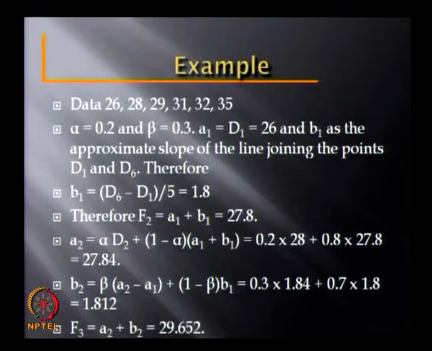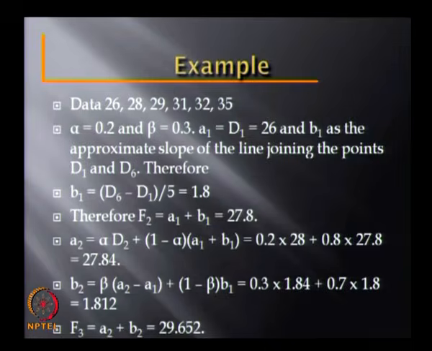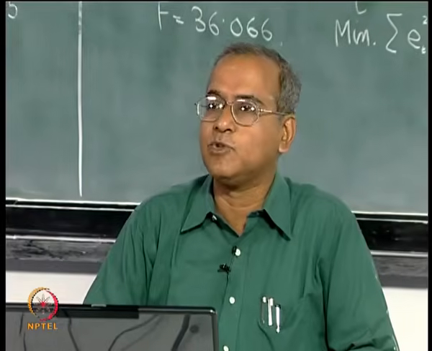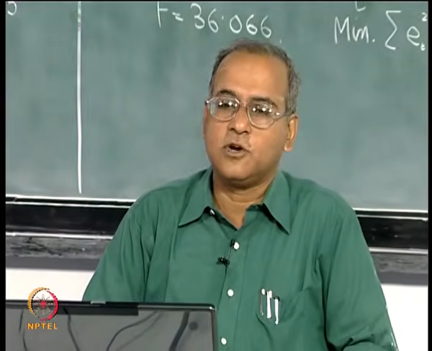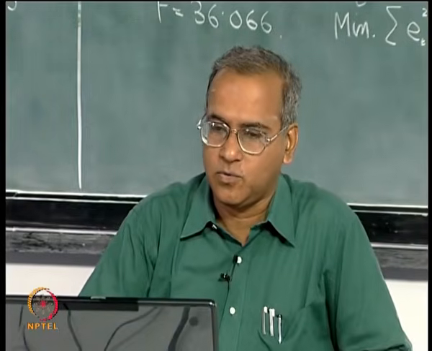Now, the same data we are going to use: 26, 28, 29, 31, 32, 35. Like in all exponential smoothing, we need some initial values, and we also need to fix the values of the smoothing constants. So, we fix alpha equal to 0.2.